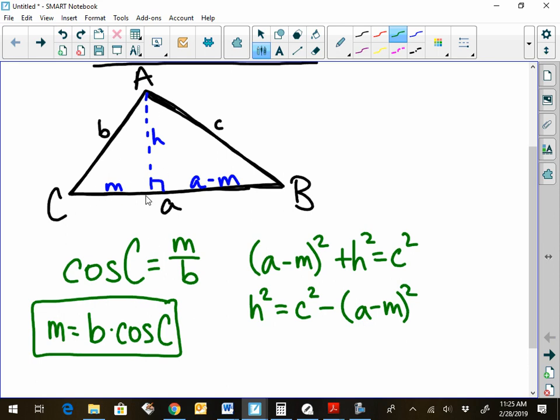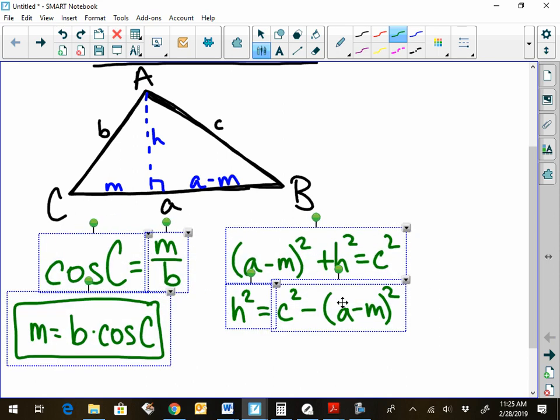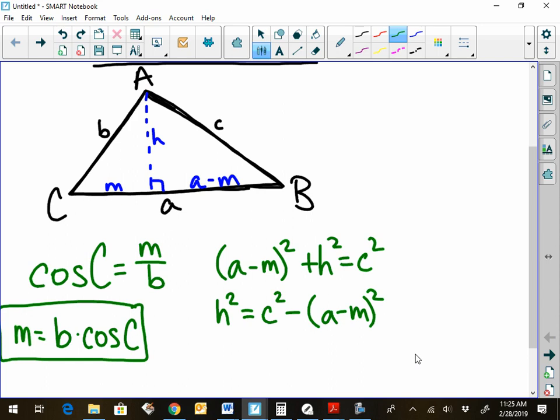I'm just going to create a little more space here and move these over a little bit. We can also write that m² plus h² equals our b².